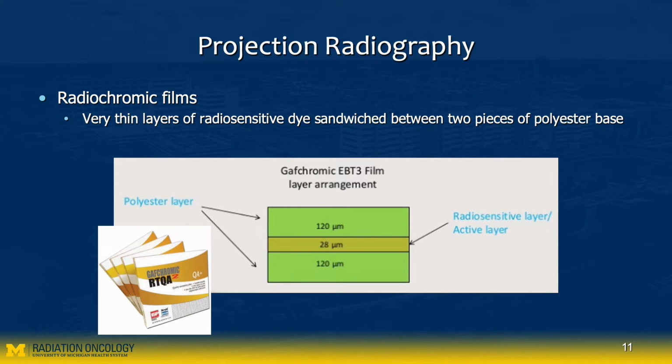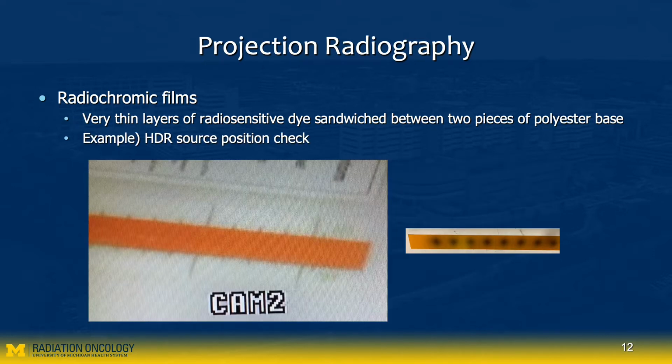I actually have a video I'm going to show you next. This radiochromic film develops, it gets dark in real time. This is just one thin strip of film that can be used during the HDR morning QA for source position checks.